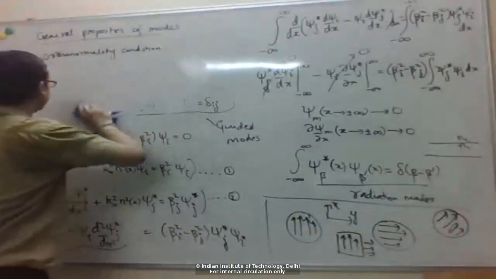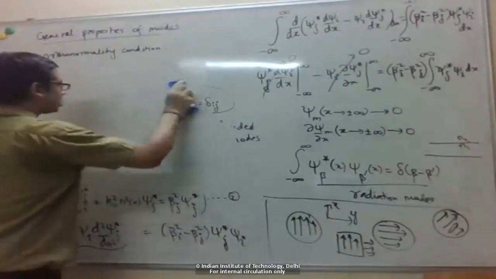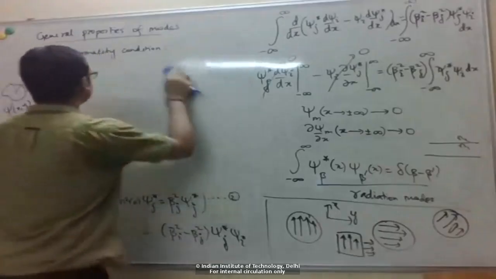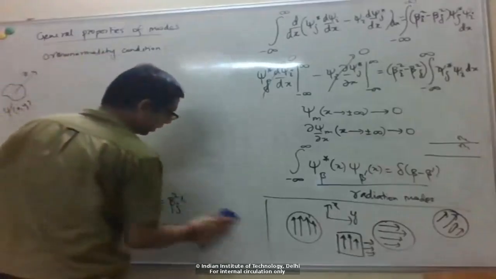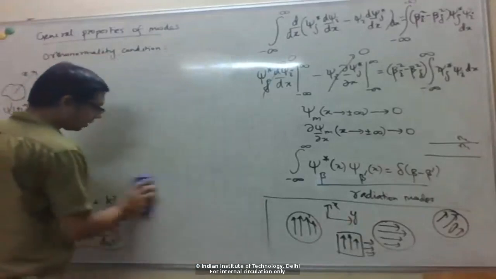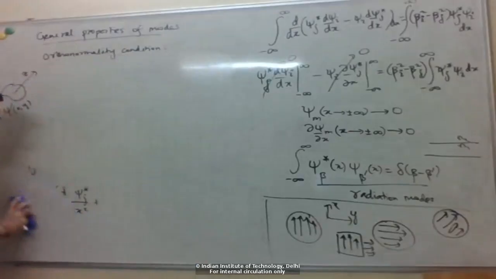So basically, how does that condition help us here is that for some particular field profile that we launch at the input, we can calculate how much power is present in each mode.